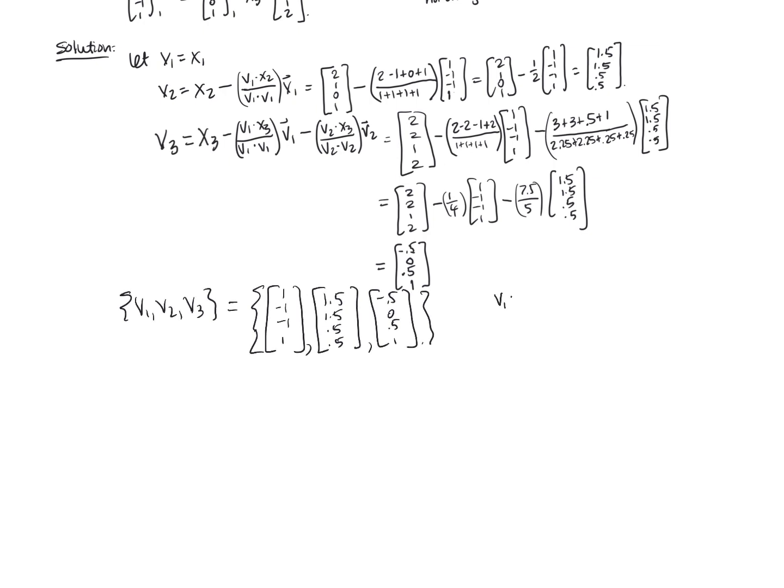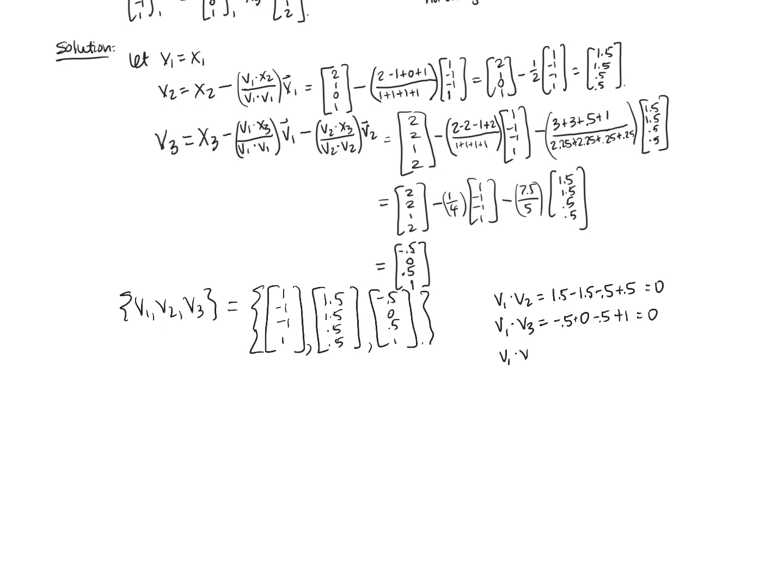If I did v1 dot v2, what do I get? Well, I'm going to get 1.5 minus 1.5 minus 0.5 plus 0.5. So that adds to 0. If I do v1 dot v3, I get negative 0.5, 0, plus 0, minus 0.5 plus 1, and that adds to 0.